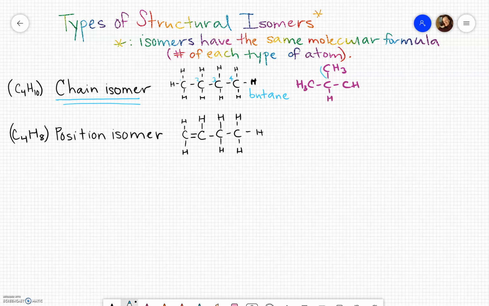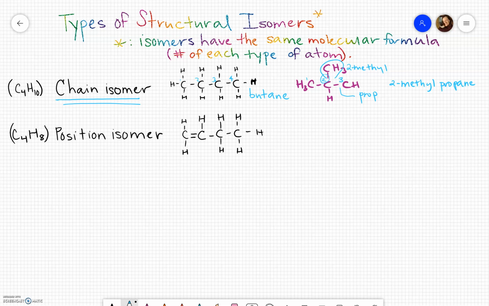And this time I have a methyl group, and it is on the, not first, but it is on the second carbon. So 2-methyl. And there's 3 in a row this time, and the prefix for 3 is prop. So we've got, for this one, a 2-methylpropane.